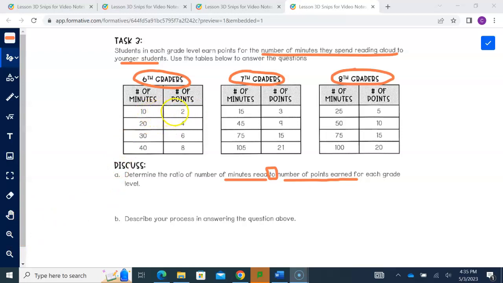And when we look at the fraction of the number of minutes read to the number of points earned, we see it's 10 to 2, 20 to 4, 30 to 6, and 40 to 8. There's a consistent pattern to this. I'm just going to use the colon right here to represent the ratio rate in the table. And you can do the same.